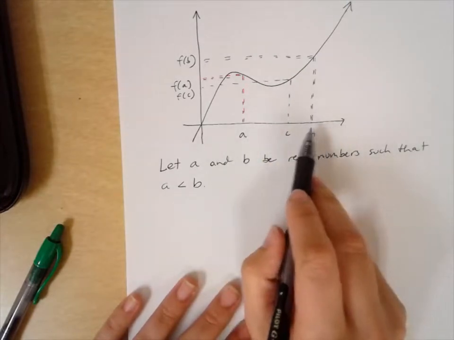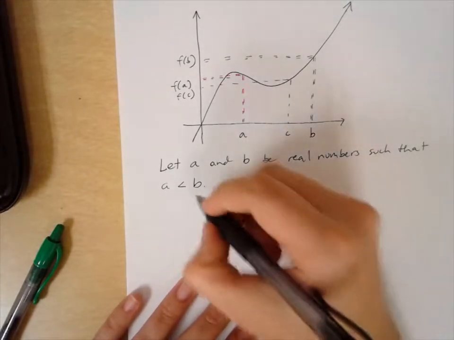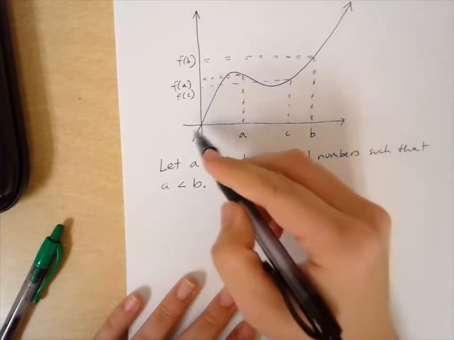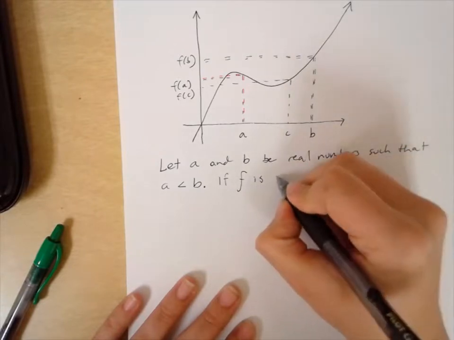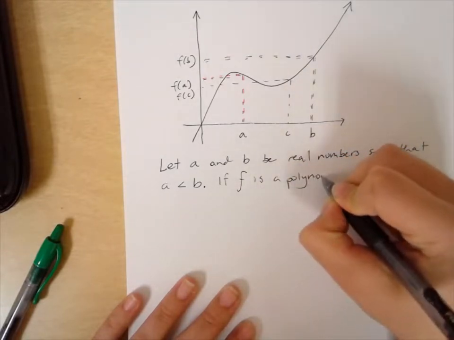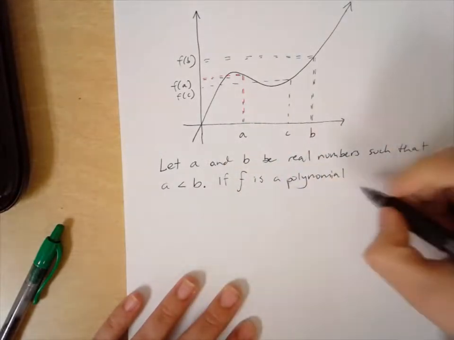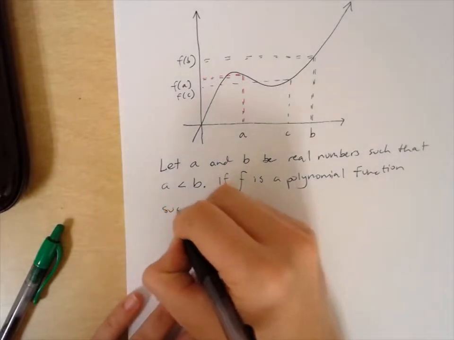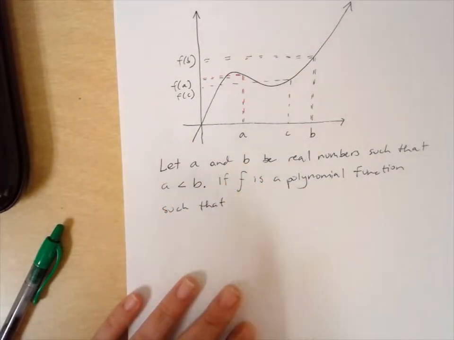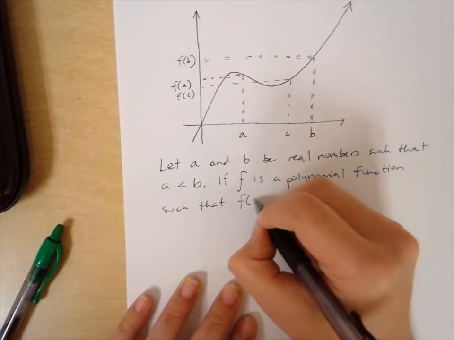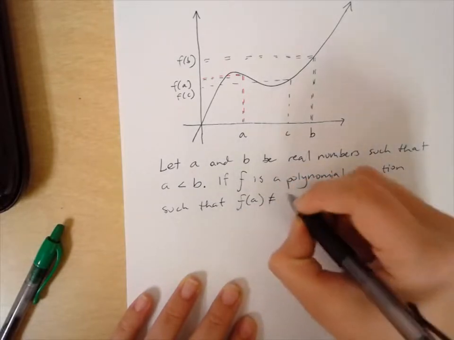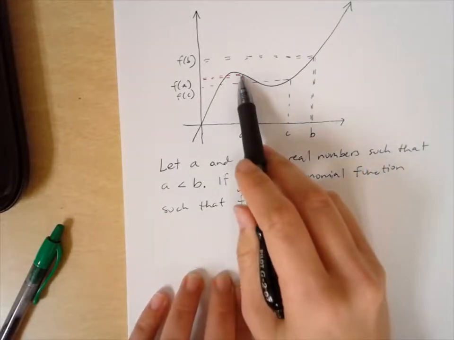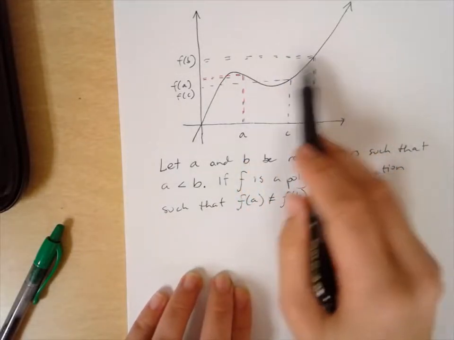A is over here, B is all the way over there, so A is definitely smaller than B. If f, fancy f, so if the function is a polynomial function such that f of a is not equal to f of b, and it certainly is not. This value is not this value. Those values do not equal each other.